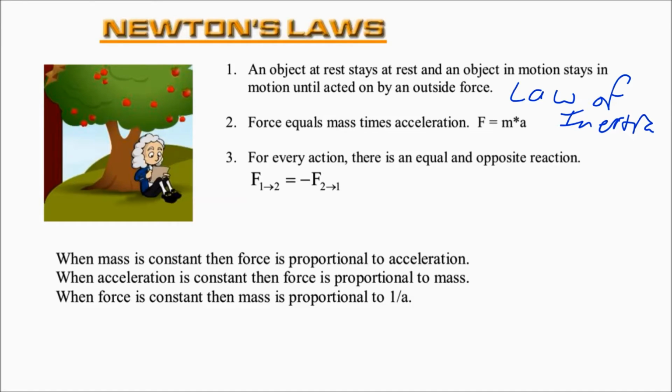Okay, so let's write that down. So that's the first one, and it is an object at rest stays at rest, and an object in motion stays in motion until acted on by an outside force. And so that kind of goes hand in hand here with inertia, resisting a change in velocity. Okay, it doesn't want to slow down and stop if it was already moving, and it doesn't want to move if it was already sitting still.